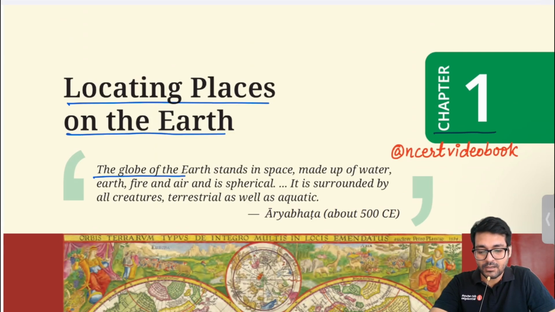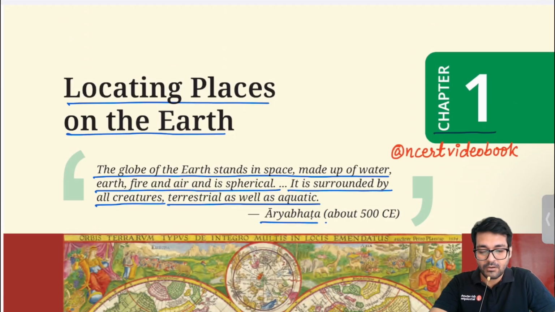The globe of the Earth stands in space, made up of water, earth, fire and air, and is spherical. It is surrounded by all creatures, terrestrial as well as aquatic. Aryabhata, about 500 CE. Let's understand what is the meaning of CE.